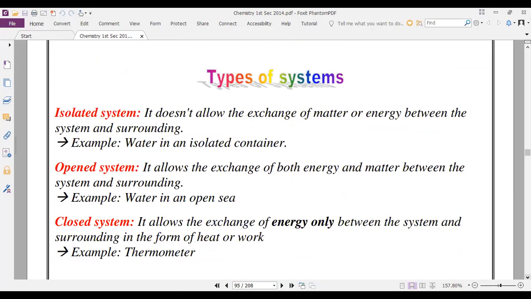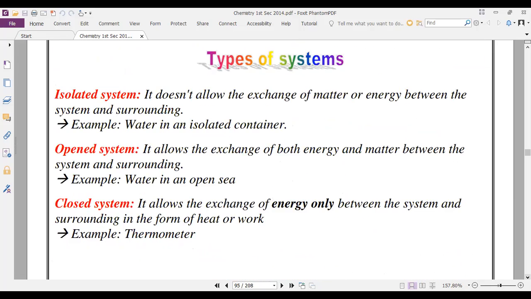Number one, isolated system. What's meant by isolated? Water in an isolated container. It doesn't allow the exchange of matter or energy between system and surrounding.